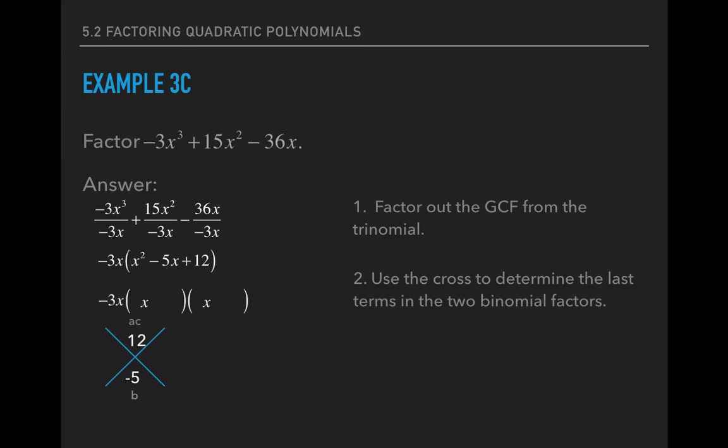There aren't. What does this mean? That means that the trinomial inside there cannot be factored. And this happens. It won't divide nice and even. So that would be what you see there at the very bottom of your screen. That would be as factored as we can go for this problem.